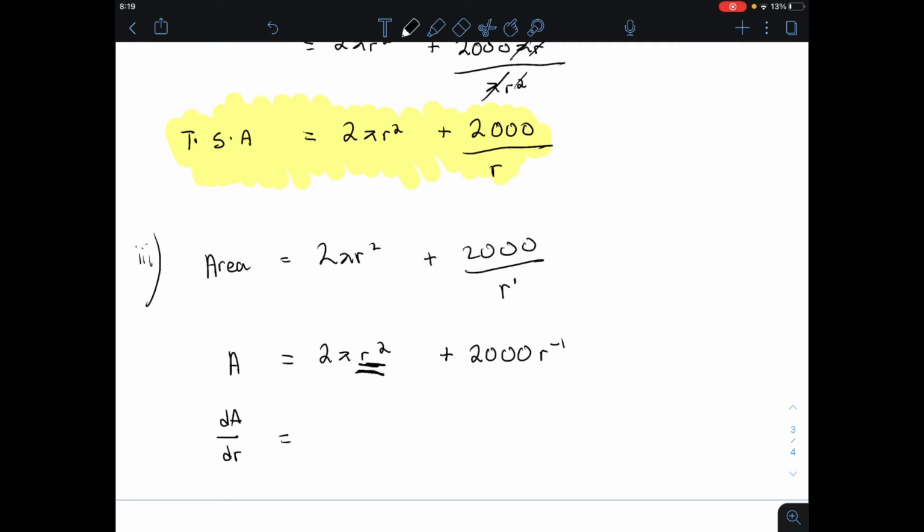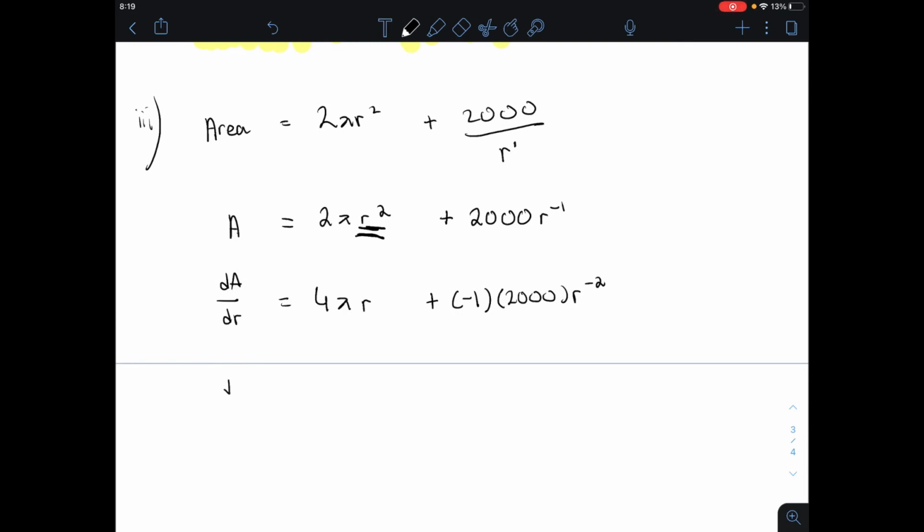So you're only deriving with respect to r. Remember that pi is simply a constant number. So this gives me 2 times 2, 4 pi r, plus minus 1 times 2000 r to the minus 2. This leaves me with dA dr as 4 pi r minus 2000 r to the minus 2.